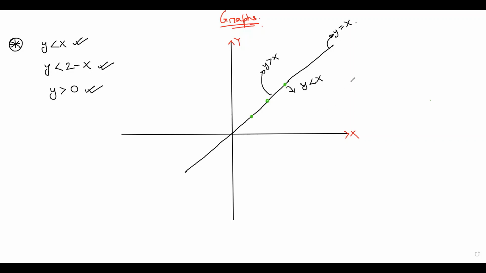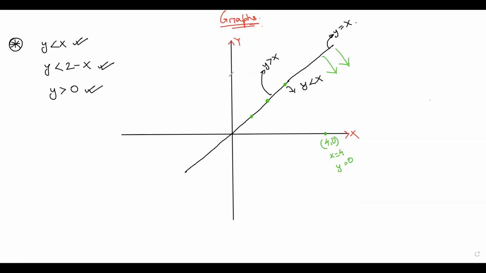Now, let us consider a point lying in this region, that is y less than x. We have a point somewhere here, say (4, 0), and here the value of x is 4 and the value of y is 0. And we know that 4 is greater than 0. So we can say that this represents the region y less than x.